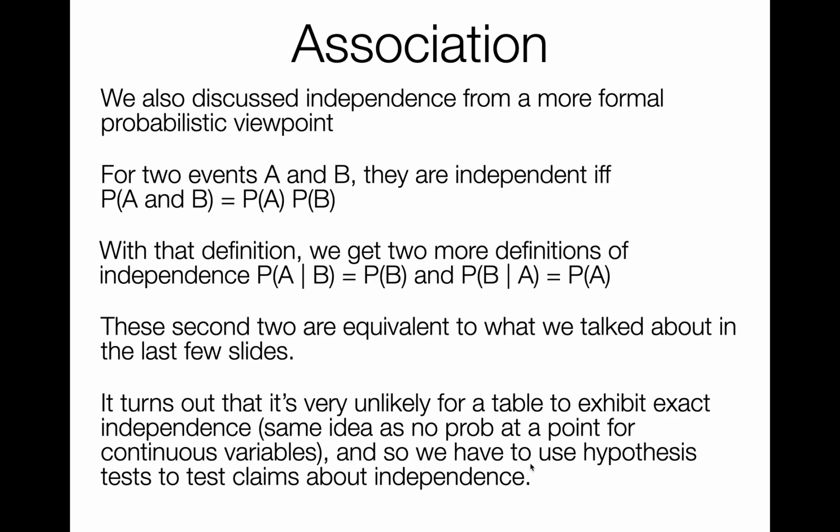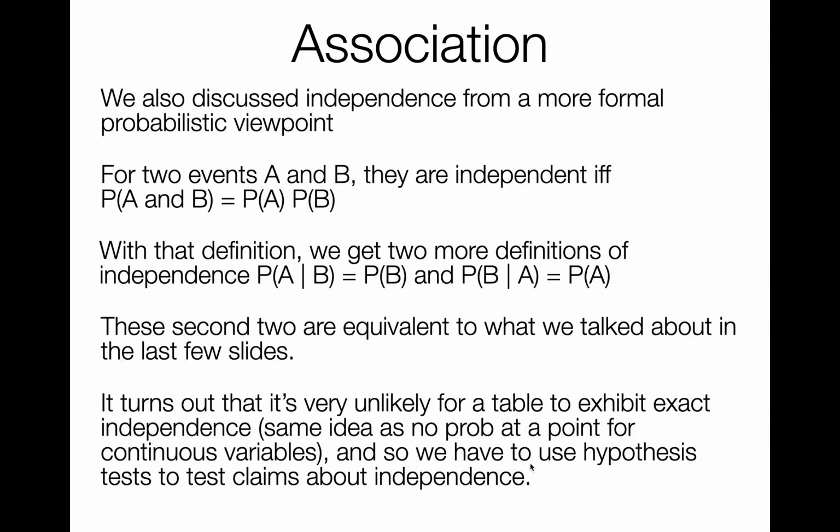Now, it turns out that it's very unlikely for a table to exhibit exact independence. It's very hard for a table in the wild, when you actually go out and get a sample and come back, to satisfy that independence assumption in the way that I talk about in the last few lines of this slide.